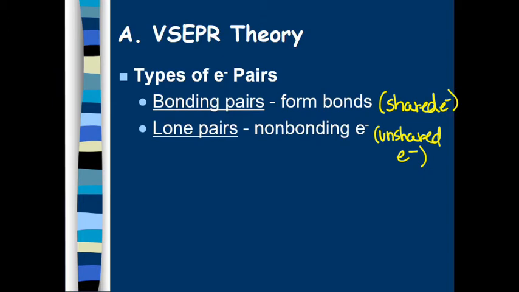Bonding pairs, we will use a dash to represent them. Lone pairs, you will see as two dots. And two dots make a dash, so if you're sharing, it's going to represent at least two electrons.